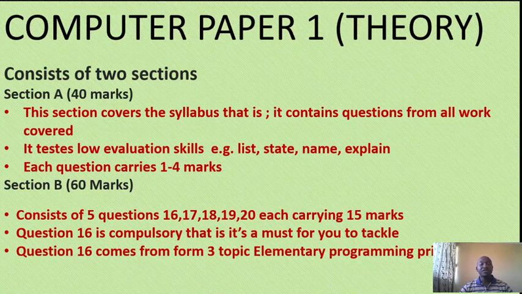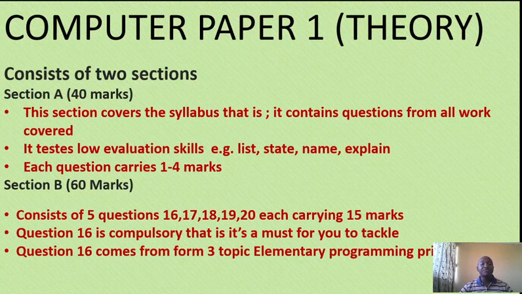You'll only be asked to list, state, name, and probably explain, being the highest skill level that can be asked there. Then, a very important point, each question carries 1 to 4 marks. That is, in section A, you don't expect a question of 5 marks, 6 marks, 7 marks, or 8 marks, no.